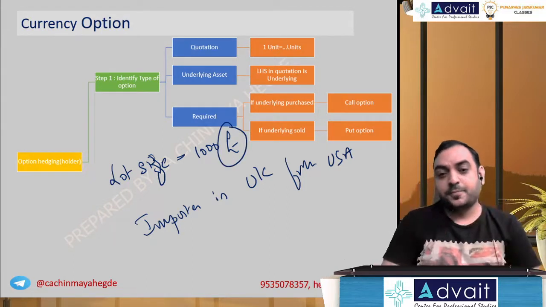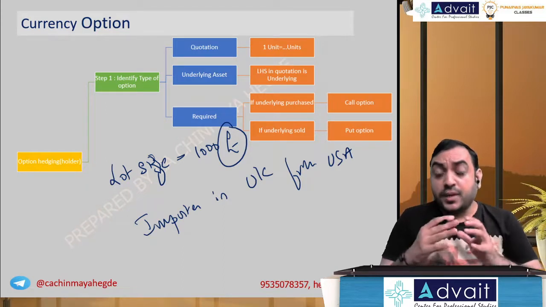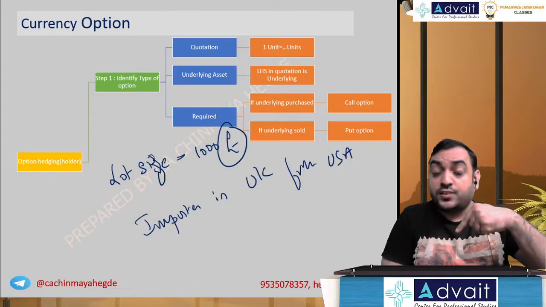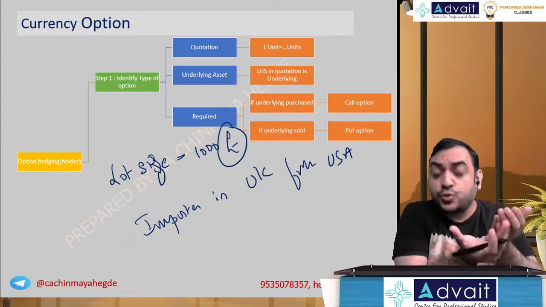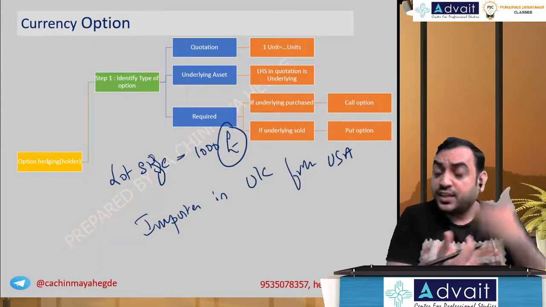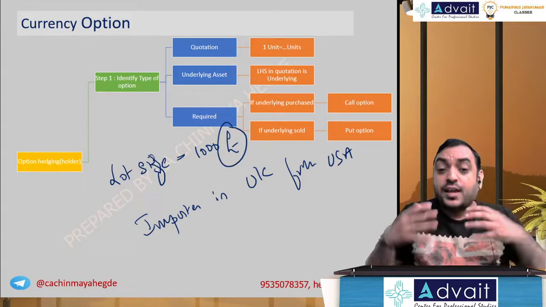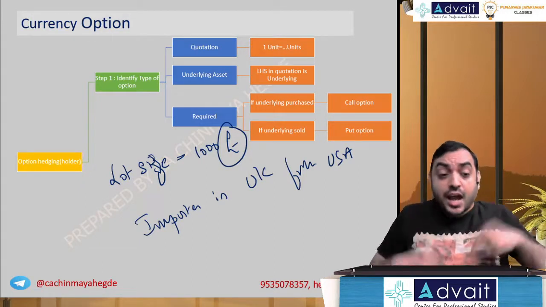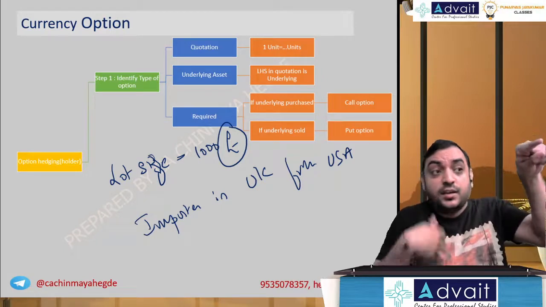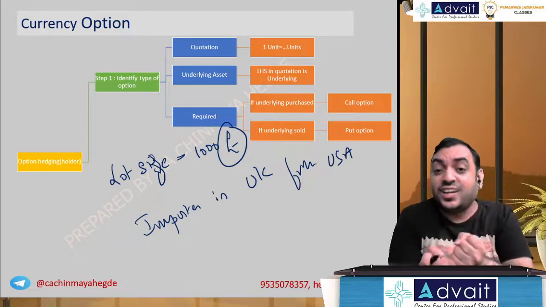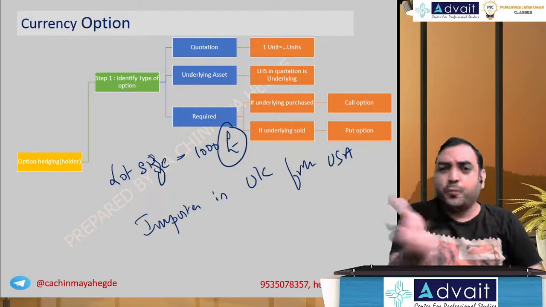That is clear. Now second point. Importer in UK means he's buying goods from the USA, so the payment he has to make is in dollars. He needs dollars, right? As an importer in the UK, I have to make my supplier payment in dollars, so I need to buy dollars.